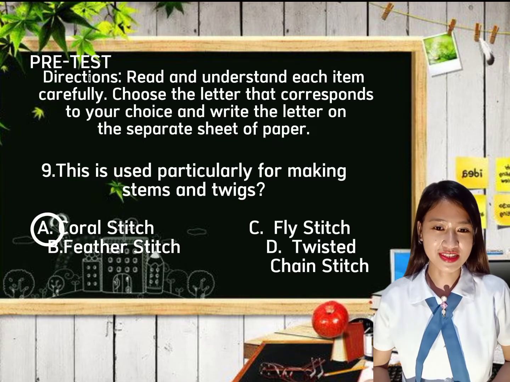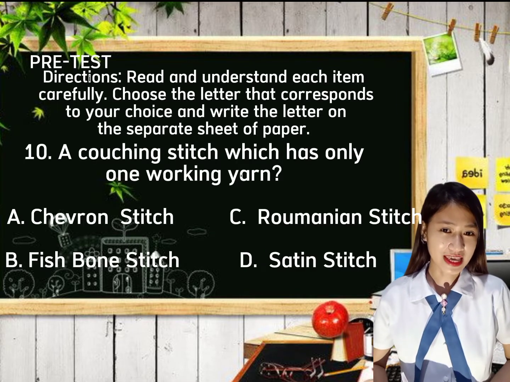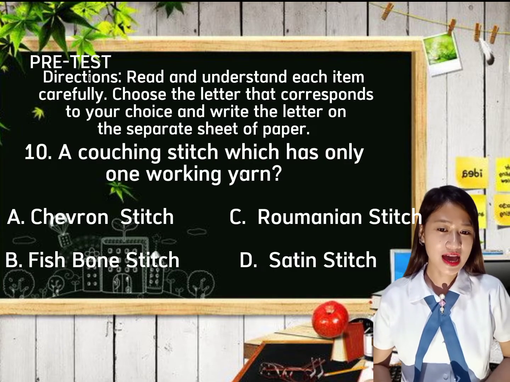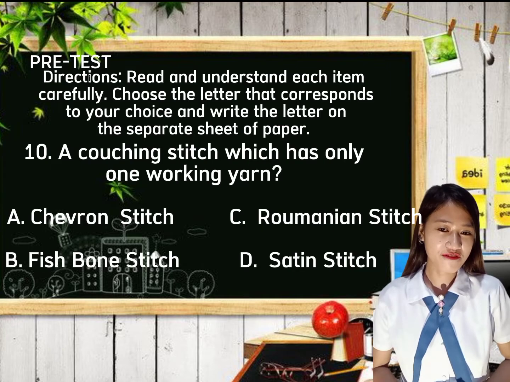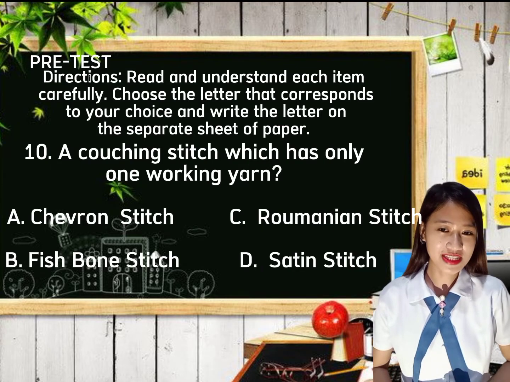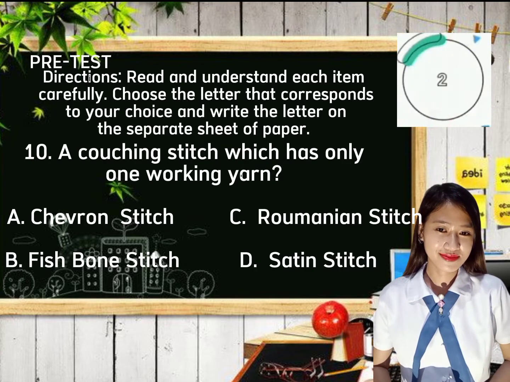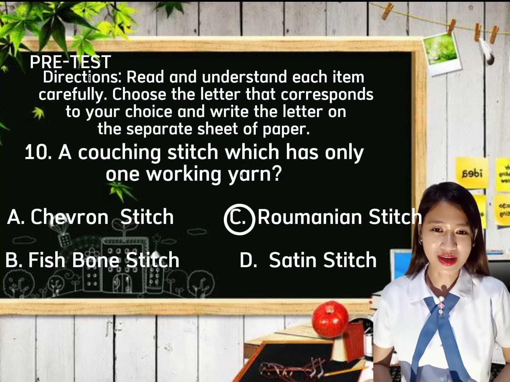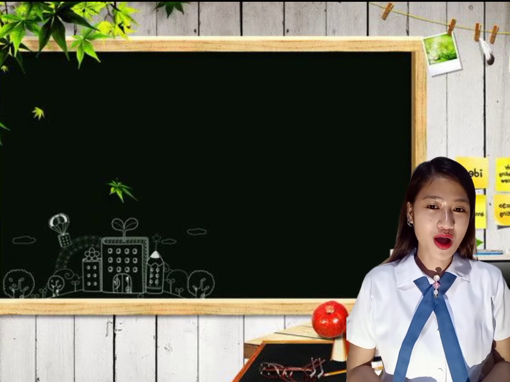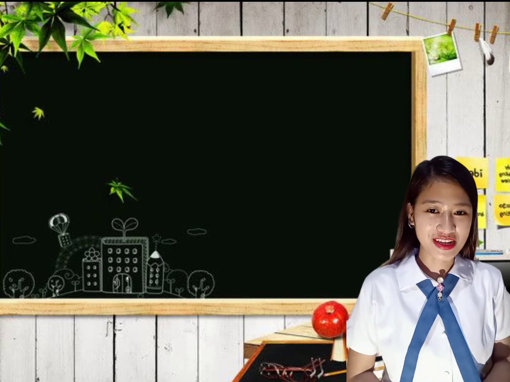A. Coral stitch. Number 10. A couching stitch which has only one working yarn. A. Chevron stitch, B. Fishbone stitch, C. Romanian stitch, or D. Sabine stitch. C. Romanian stitch.